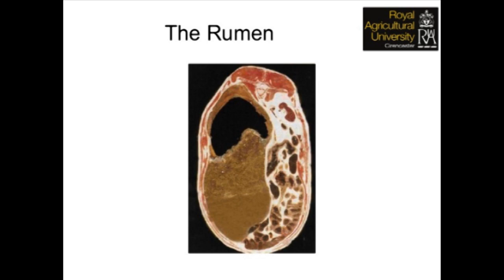And you'll also find in the reticulum it's a more liquid space because it's where the saliva and water that the cow drinks arrives first. So each one of those sections of the rumen has a different pH at any particular time, and this is why monitoring the rumen is a non-trivial job.